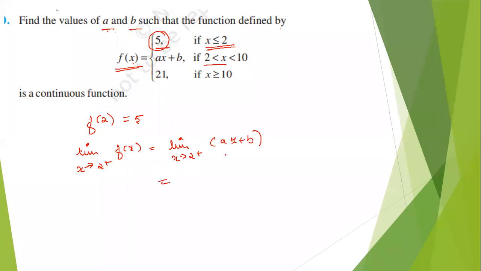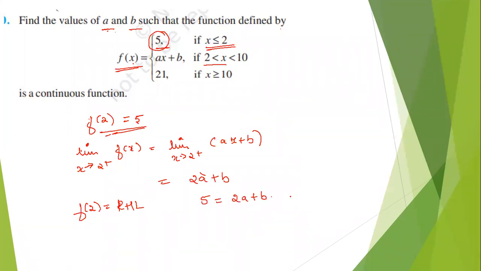So what you get here? 2a plus b. All are getting? Yes. So next what you need to do is you need to equate this f of 2 with the limit, right hand limit. So what you get? 5 is equal to 2a plus b.